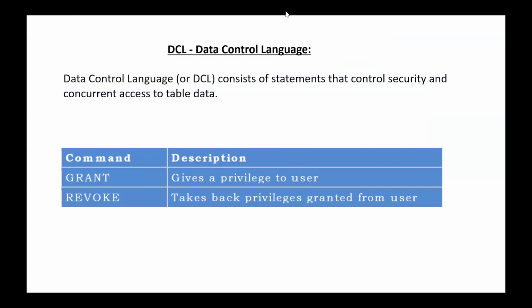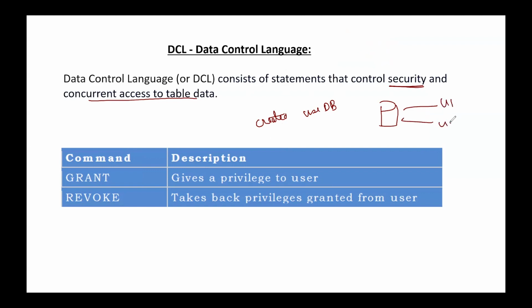So apart from DDL as well as DML, we have something called DCL, which is data control language. So what does it do? Data control language consists of statements that control security and concurrent access of the table. Basically, whenever there is a database, if you want to grant or create a user, allow a user to use the database, and for example, there is a database and many users want to use it.